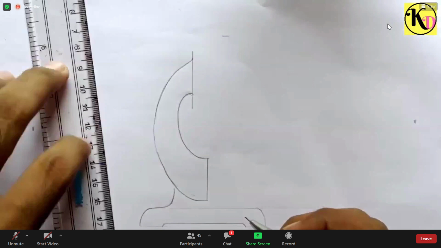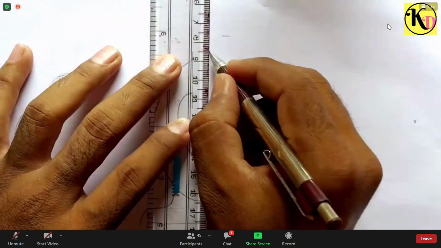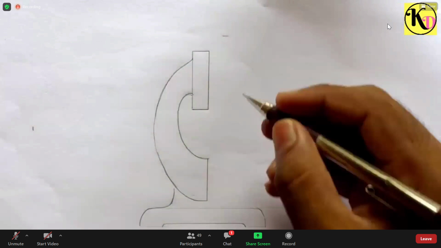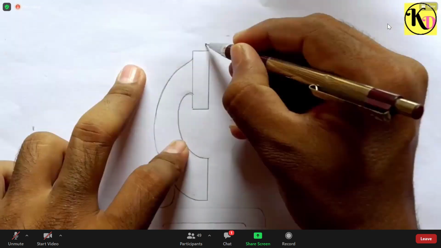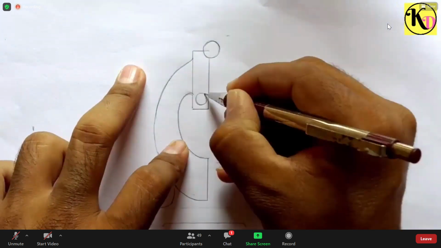All of you show this. Please draw the microscope, even on a small paper. Next, you record it in your observation book. These both are the fine adjustment and rough adjustment.